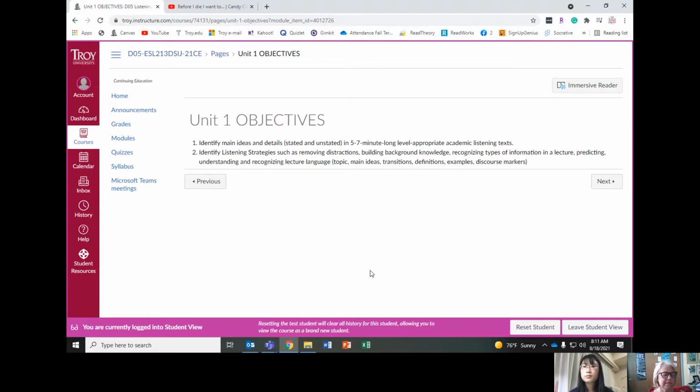So listening, and then we will also talk about note taking in this class. As you take notes, you need to listen for what we call content words, words that are stressed, and that's usually the noun, the verb, an adjective, or an adverb.